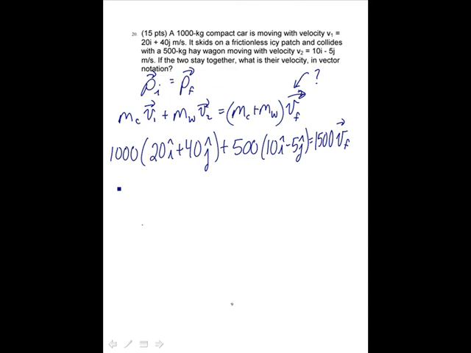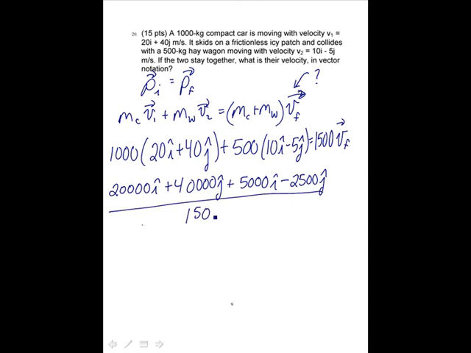So I have 20,000 i plus 5,000 i, plus 40,000 j minus 2,500 j. If I divide all these by 1,500, that gives me Vf, and I retain the ij notation, since I'm asking for it in vector notation.